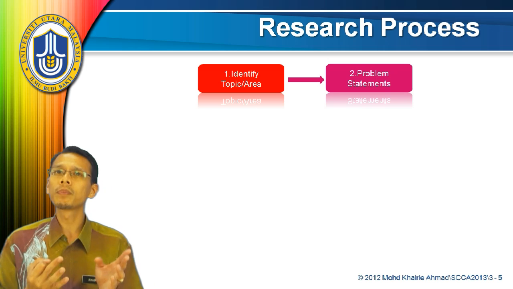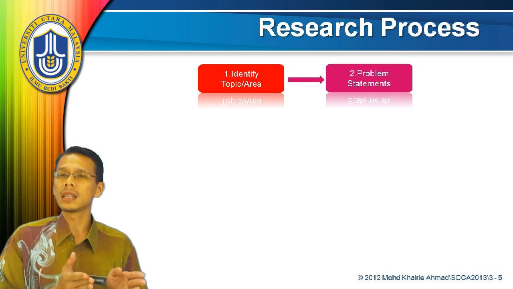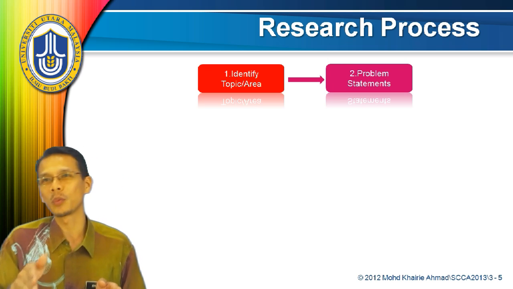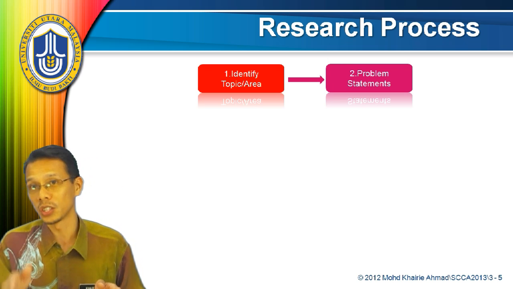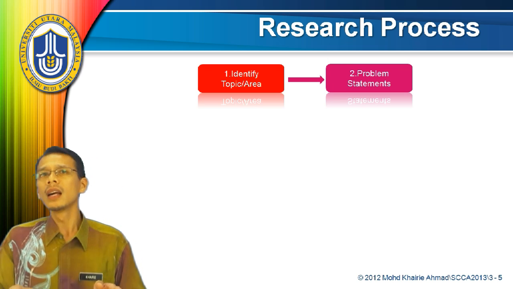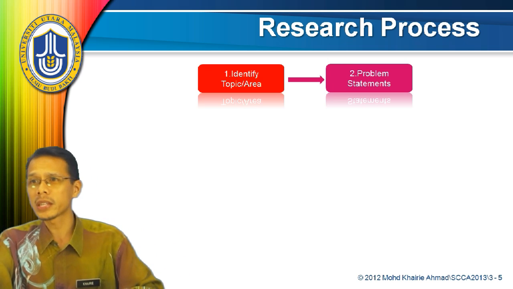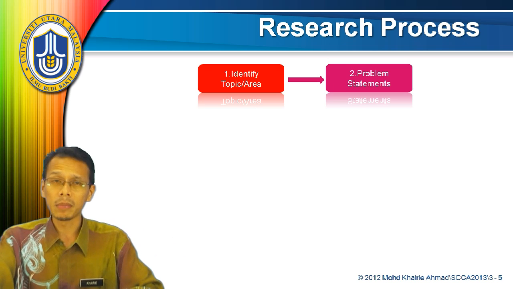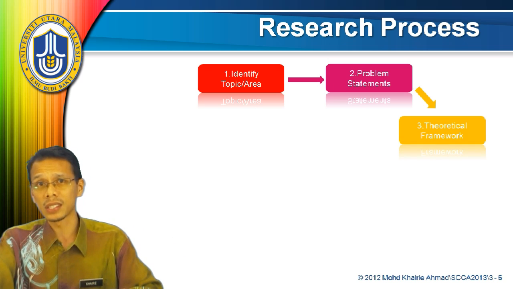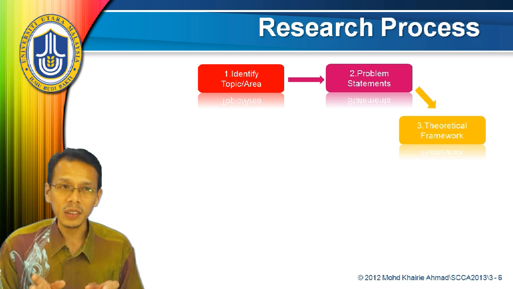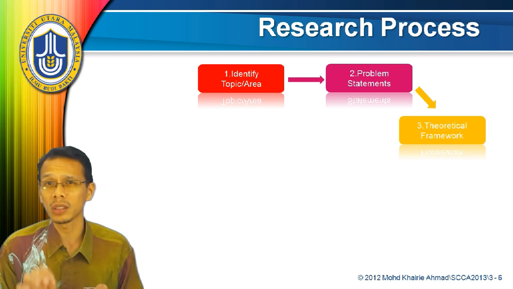So problem statement is the second step after we identify what we want to research on. Now, after we have identified our problem statement, the third step is to identify our theoretical framework.